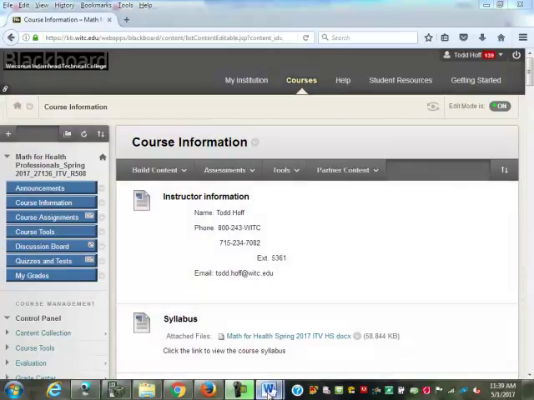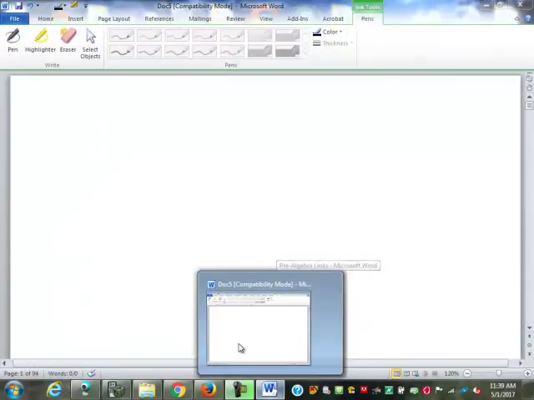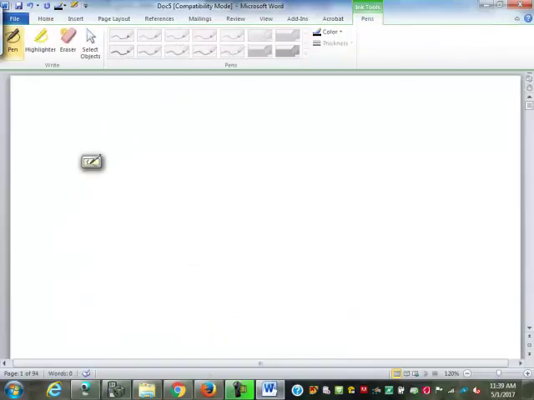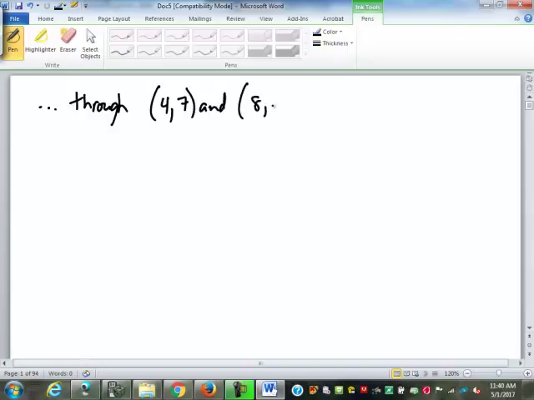So let's go ahead and start on our new material here. We left off last Wednesday. We were writing equations from given information. So if I gave you the information that a line goes through the points (4, 7) and (8, 10), we could find the equation of that line.